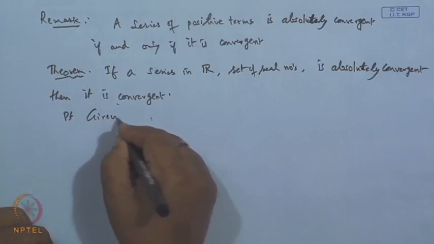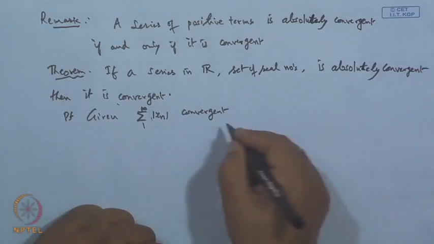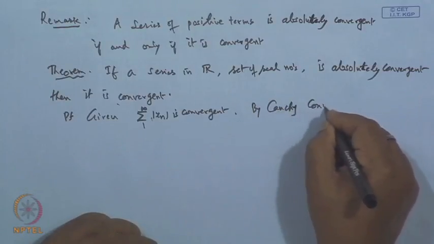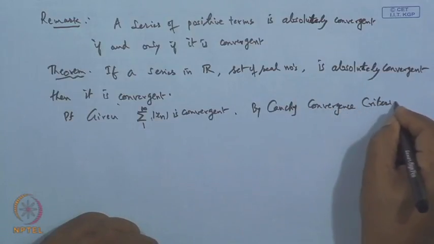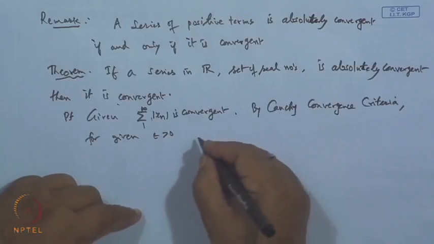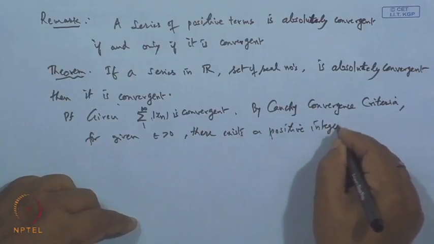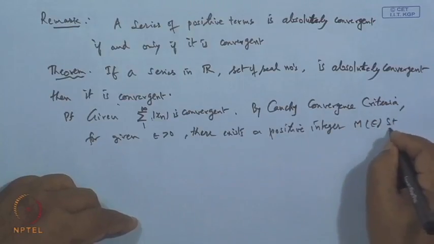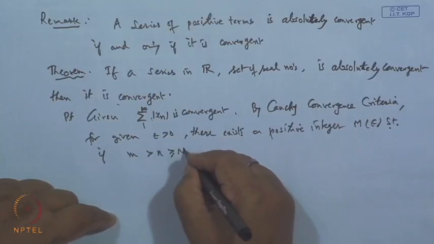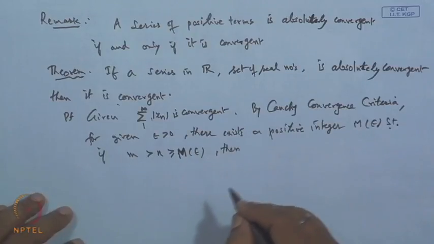So, given that the sum of mod x n, n from 1 to infinity, is convergent, by the Cauchy convergence criterion, for a given epsilon greater than 0, there exists a positive integer capital M, which depends on epsilon, such that if m and n are both greater than or equal to capital M, then Sm minus Sn is less than epsilon.